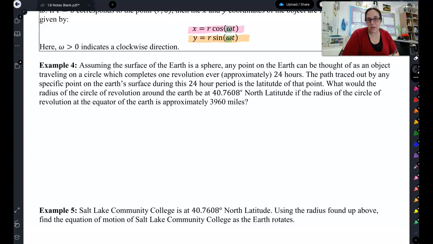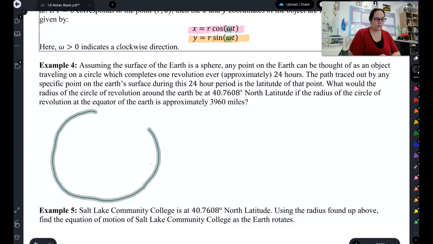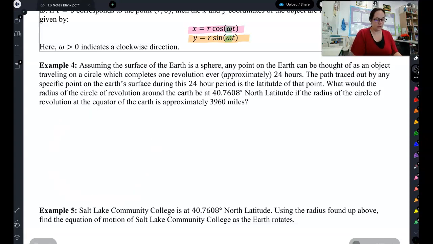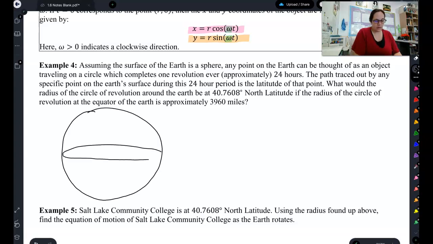Let's assume the Earth's surface is a sphere, a perfect sphere. So I'm going to draw, well, that's a really crappy sphere. Let me try that again. Here's my sphere. Draw a little circle in the middle, make it kind of look 3D-ish. And I'm going to pretend that this is Earth.